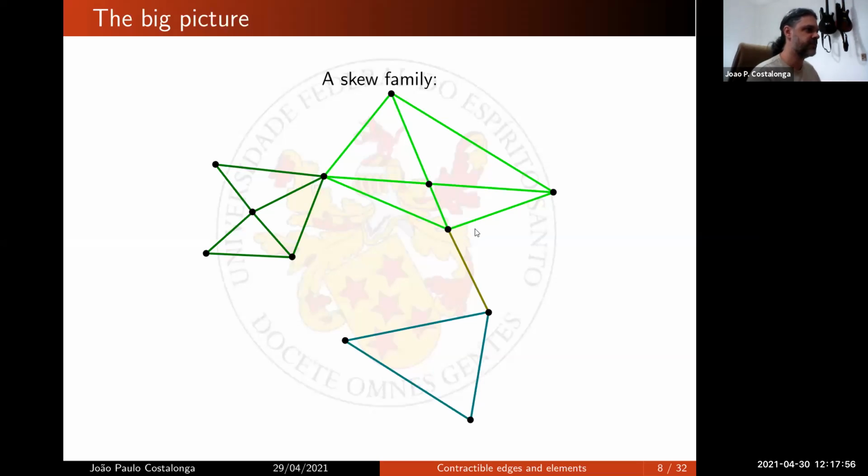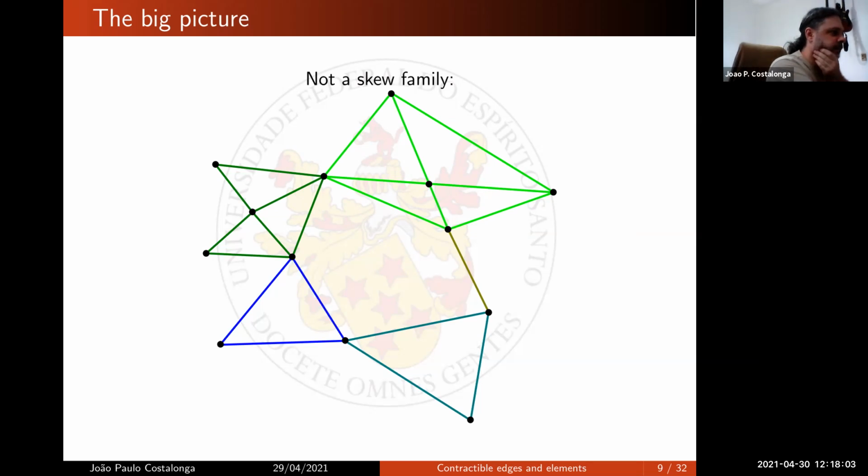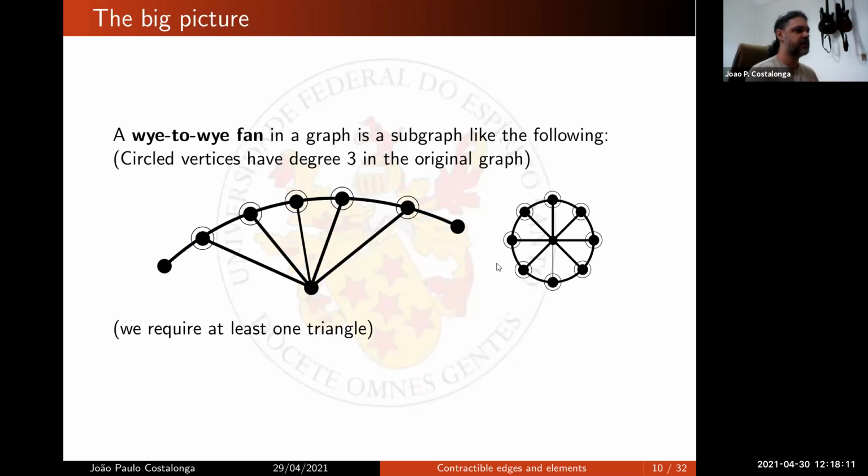So this is skew, and this is not skew. We have now a multicolored cycle, so this is not a skew family. Next concept, I guess many of you know already about fans.